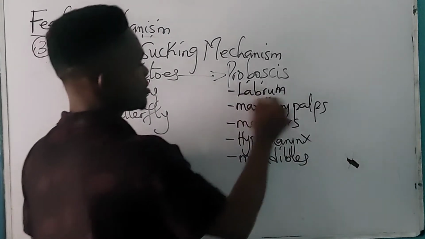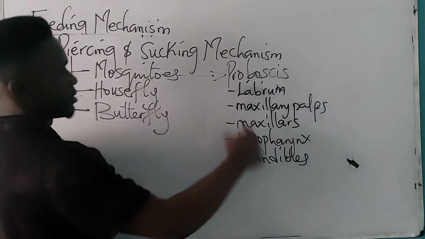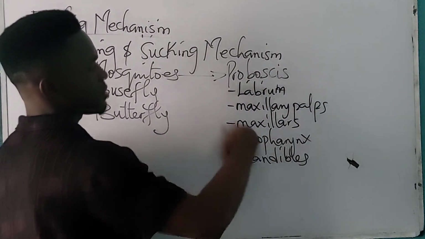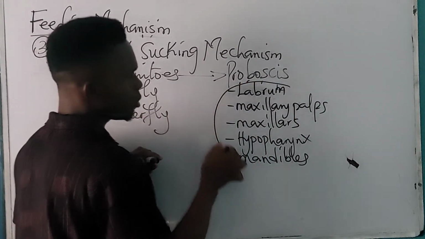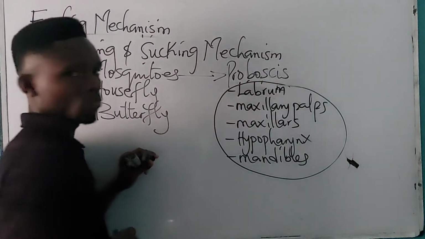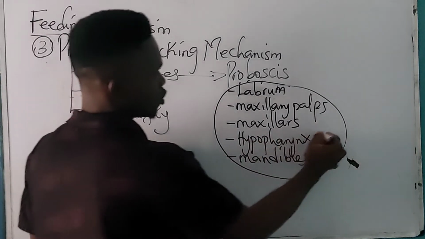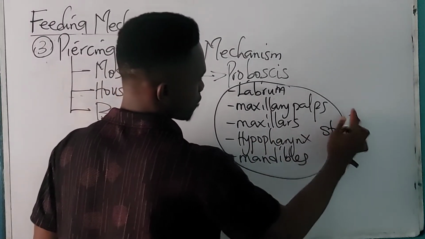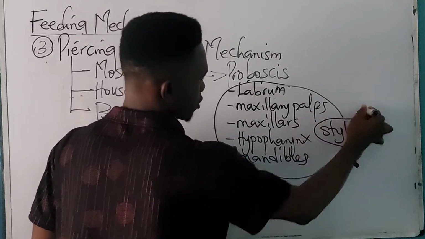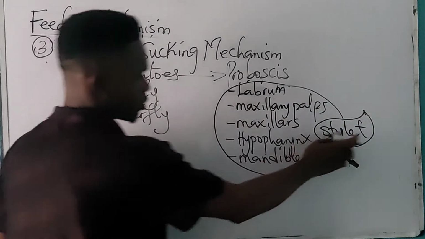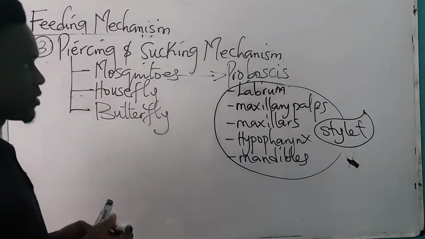Now, these parts, these various organs found in mosquitoes, are all said to make up the stylets. All right, there is a collective name for all these. It's called what? Stylet. Please take note of that.